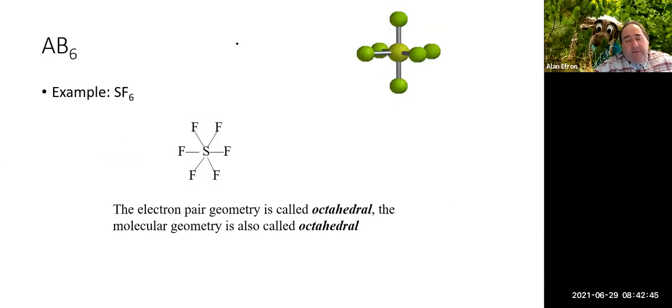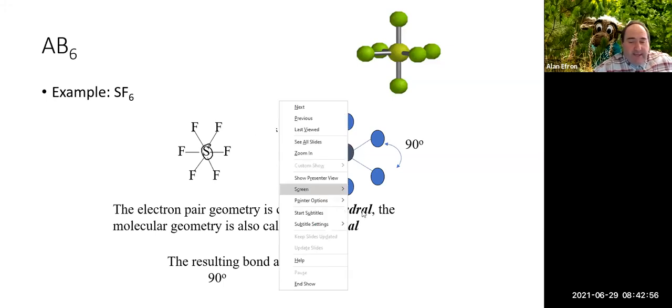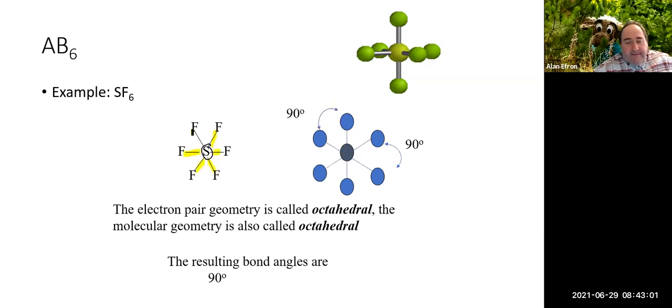Taking a look at what we talked about the other day, SF6, which has a central atom with 6 electron pairs: 1, 2, 3, 4, 5, and 6. So we have 6 electron pairs, which is 12 electrons. It also has 6 bonds if you go all the way across: 1, 2, 3, 4, 5, and 6.